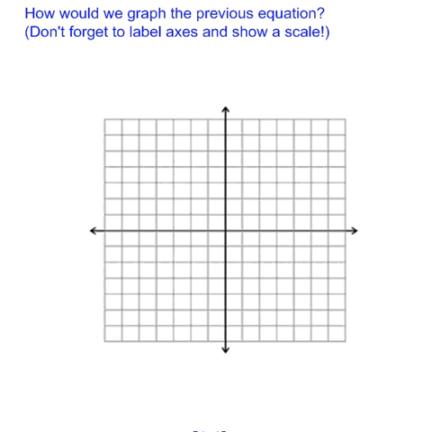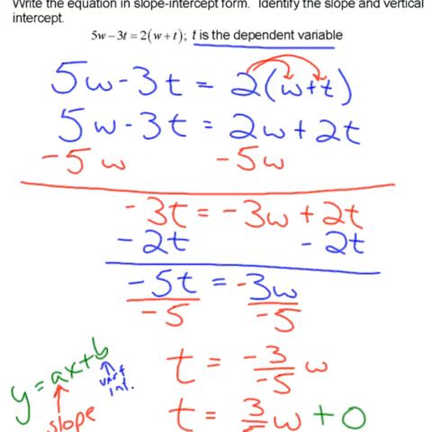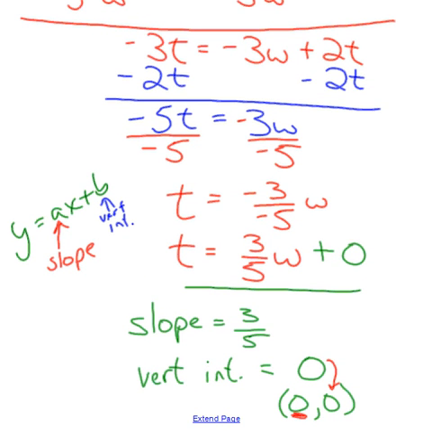So how would we graph the previous equation? Let's go back and remember what the equation was. Down at the bottom here, the equation was t equals 3/5 w plus 0.